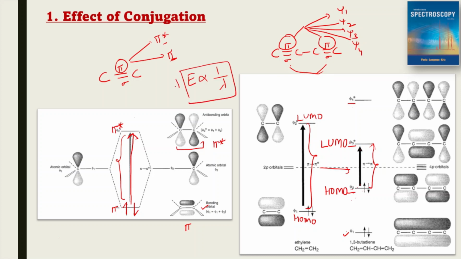If less energy is required, then the lambda value will increase. So ultimately, we can conclude that when conjugation is introduced in any molecule, less energy is required for excitation, or we can say that the lambda max increases. The value of lambda increases, or the absorption maxima increases in the spectra.